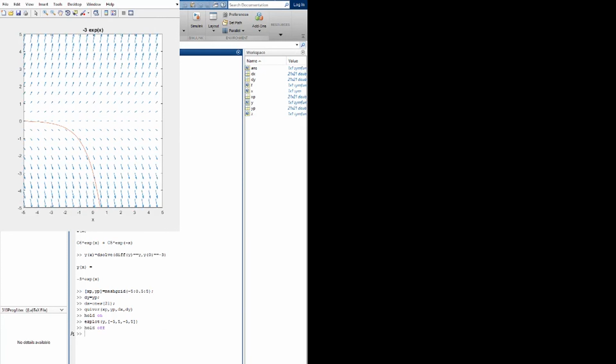So now you can see that the graph has this curve added to it.